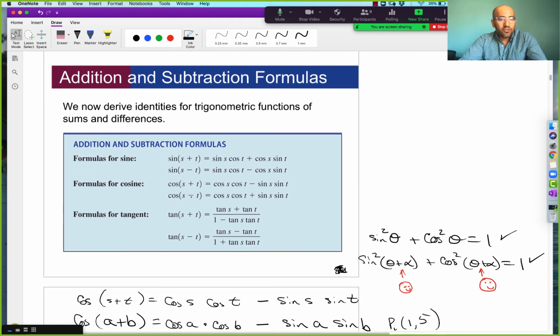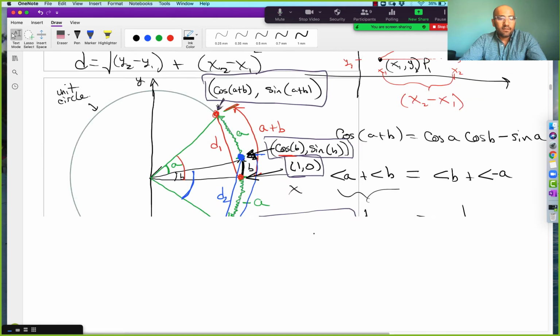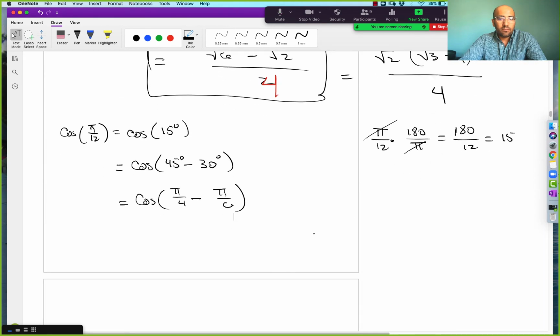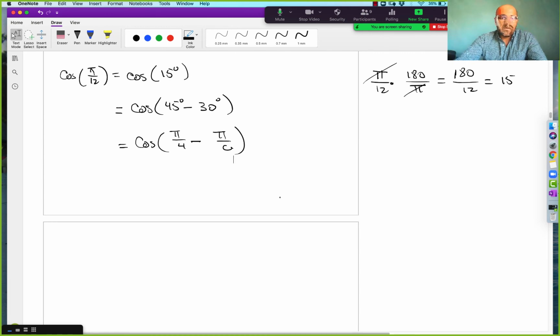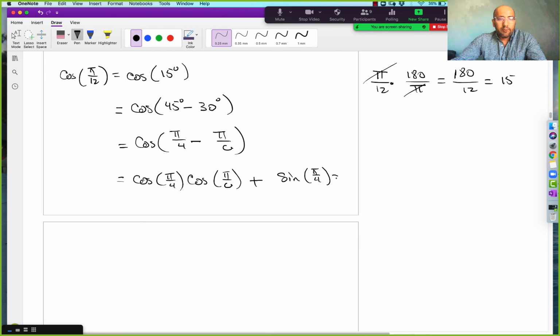So when we have a subtraction of angles, it's cosine s, cosine t plus. Right? So with the cosine one, they're kind of opposite values here. Here we have a plus, here we have a minus. So a minus and a plus. Okay, so that means that this is going to be equal to cosine of pi over 4, cosine of pi over 6, plus sine of pi over 4, sine of pi over 6.